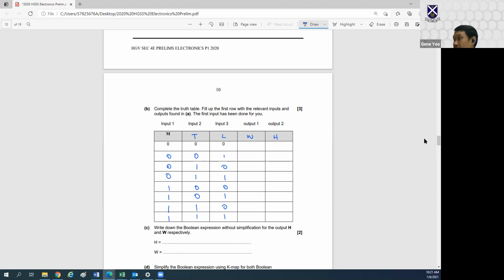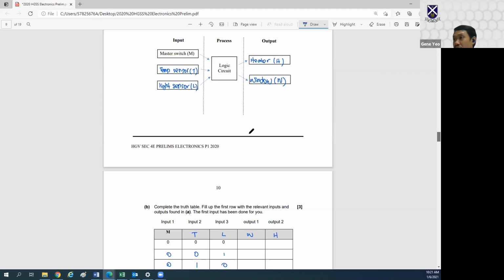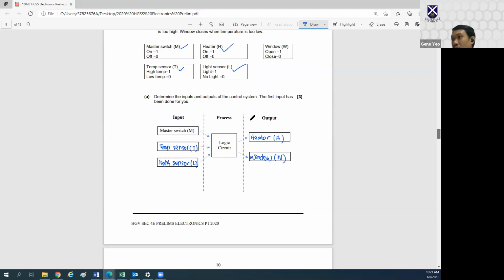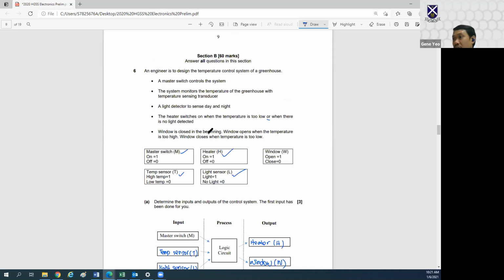So now we got to look at these conditions here. The heater switches on when the temperature is too low or when there's no light detected. So temperature is too low when T is 0, or when there's no light, L is 0 as well. So I'm looking for T is 0, L is 0, or it doesn't have to be both, it's just either or.